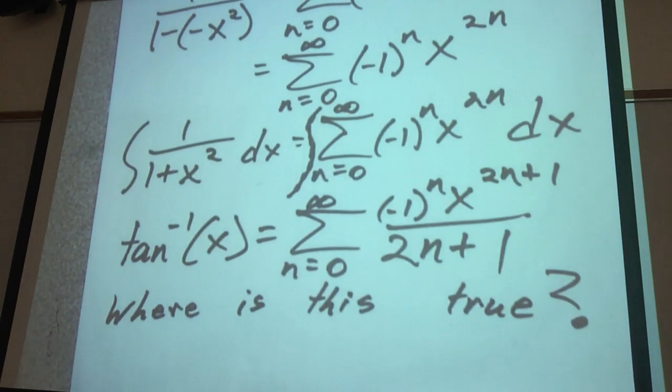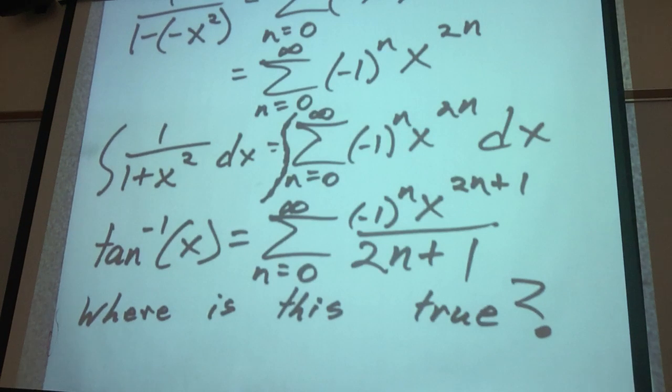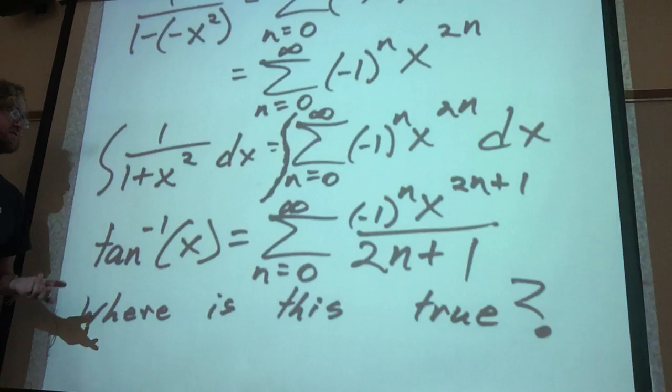So we're asking that after integrating, what did we do on this problem? We manipulated the geometric series to make it look like the derivative of tangent inverse. And then we said, 1 divided by 1 plus x squared, if I integrate that, I'm going to get tangent inverse of x.